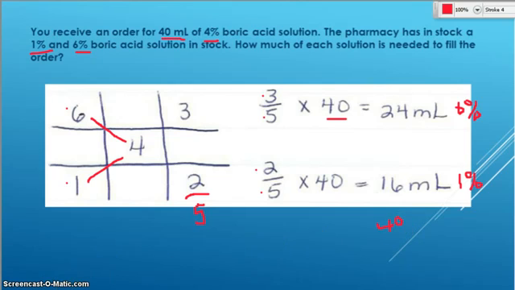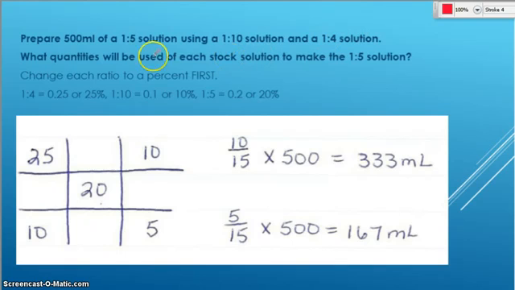Okay, we have a few other alligation problems that are just a little bit different. The next one I want to show you has ratios in place of percents. So the first thing you're going to want to do is to take these ratios and change them to percents.